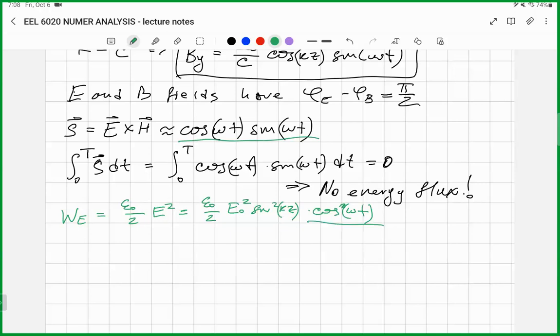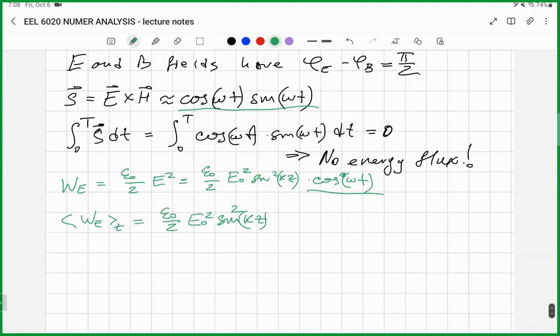This is important because the time average of sine times cosine is equal to 0, but the time average of cosine squared is equal to 1/2. So the energy averaged over time is epsilon 0 over 2 E0 squared sine squared kz.